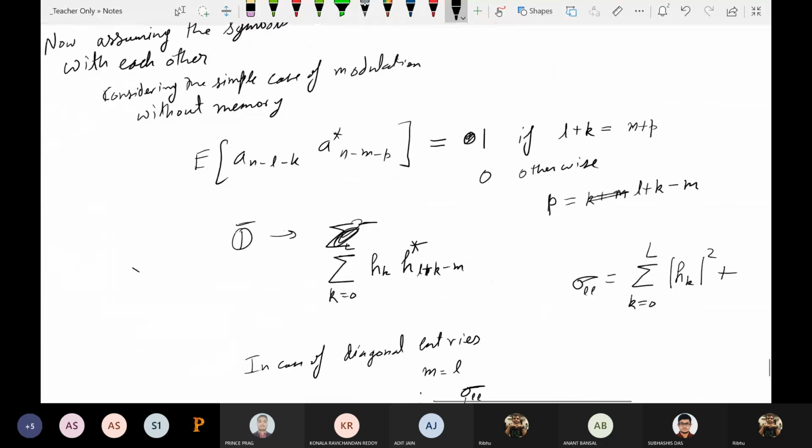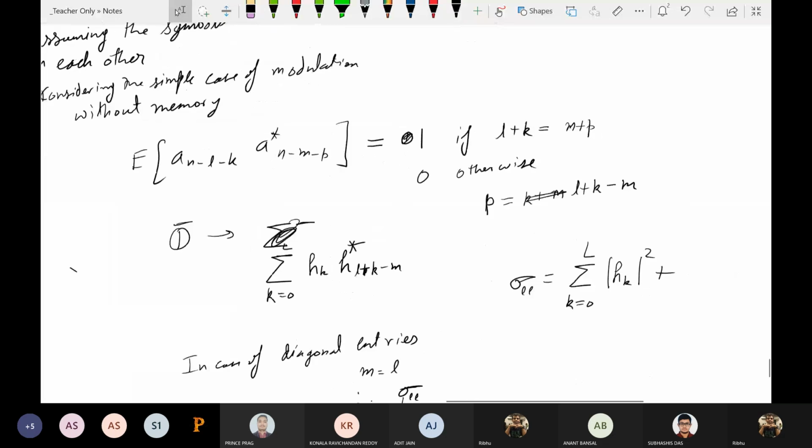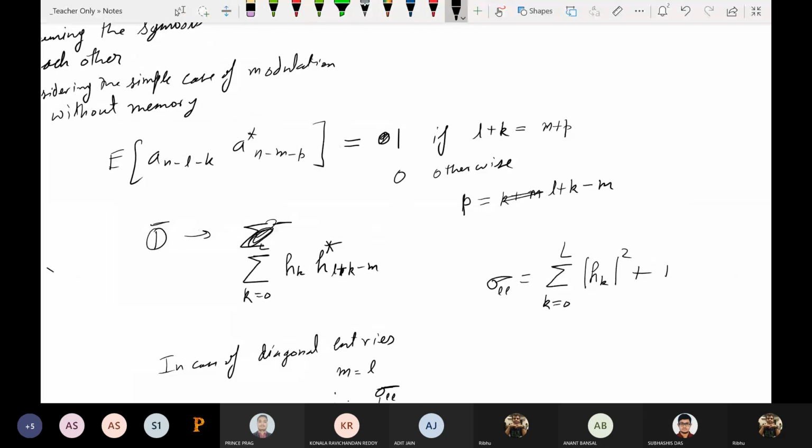Just a second, this is scrolling to the right position. Just give it a second. So this is the Lth diagonal entry of the matrix sigma. Fine.